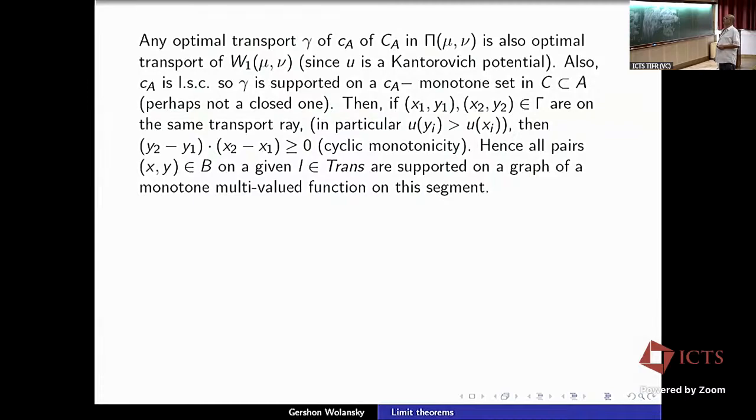So it turns out that all pairs in the set gamma are supported on a graph of a monotone multivalued function. This says that if x2 is bigger than x1, then y2 is also bigger than y1 when we consider it along the transport ray.